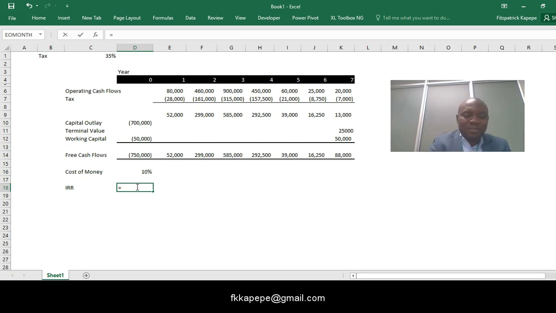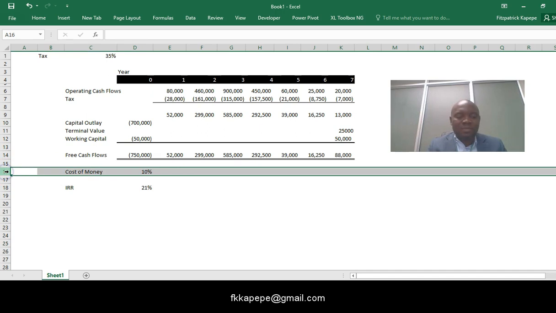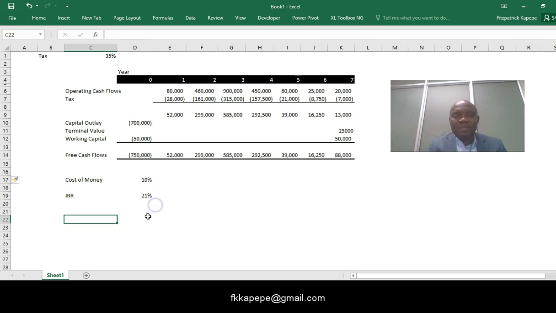What you say IRR, and pick all these numbers. This investment looks a bit good, but then there's a margin of safety of about 11%, that is 21% IRR minus cost of capital. So it gives you about a margin of safety of 11% before you step into negatives.